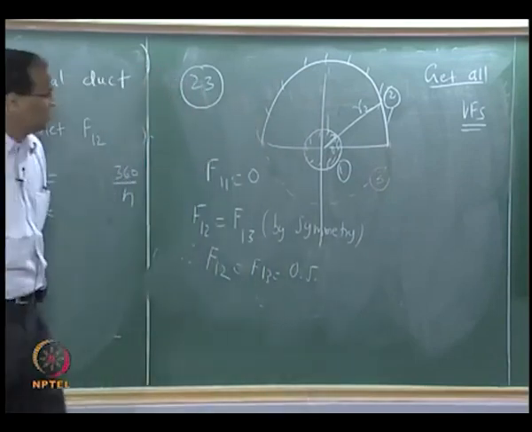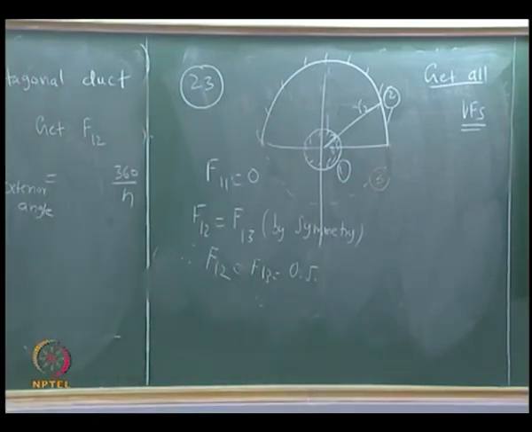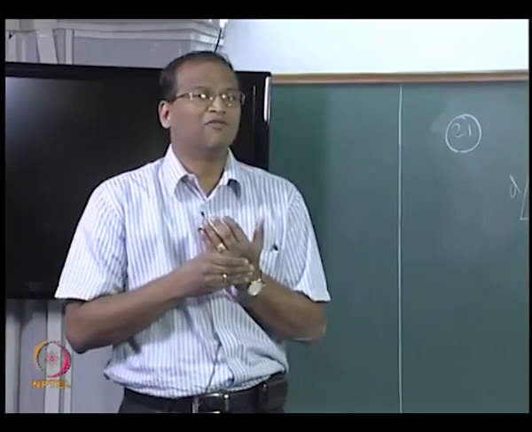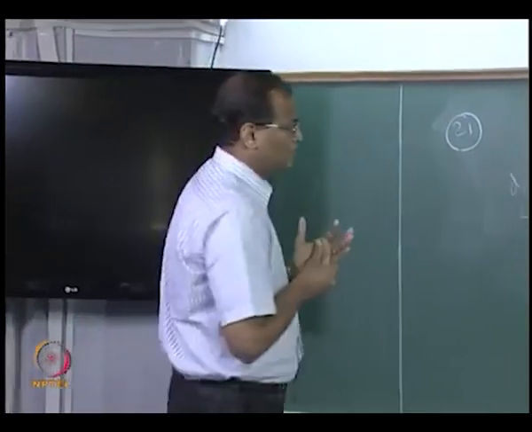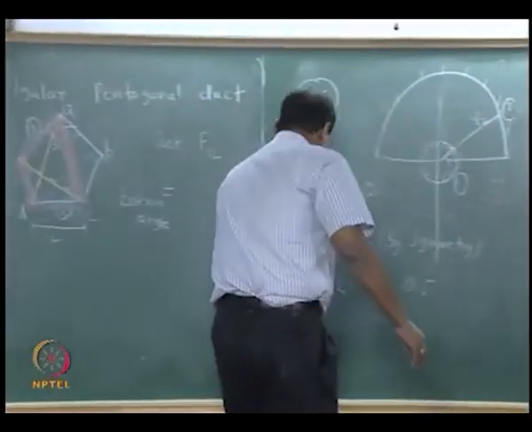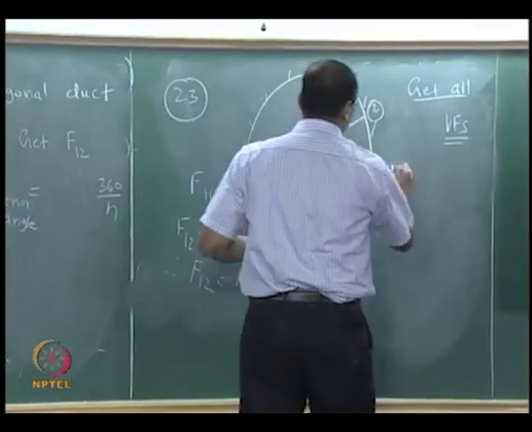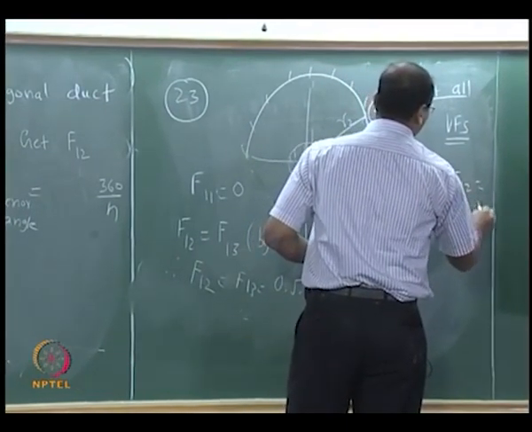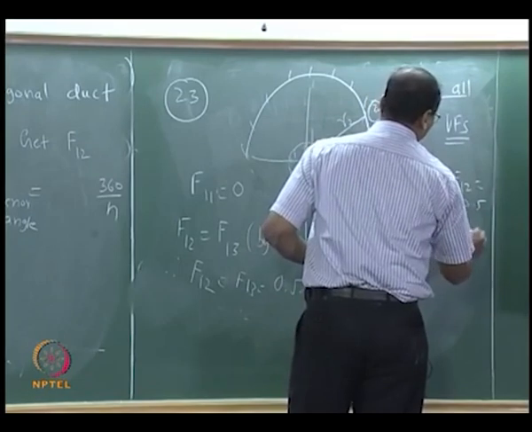Now what about F33? What is F22? Are you able to get the other things? So F11 is equal to 0, F12 equal to 0.5, F13 equal to 0.5.